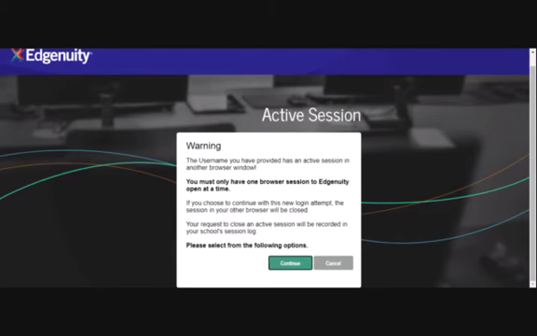It's not loading. It's giving me some error: you may only have one browser session open at a time. It usually lets me in once I click OK after that.